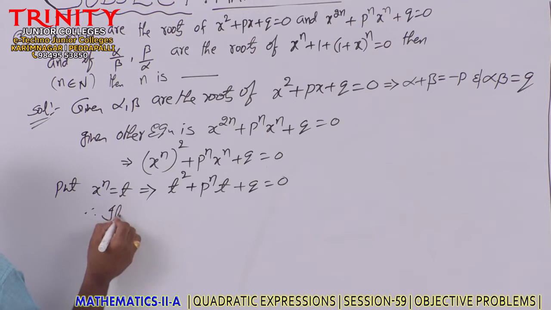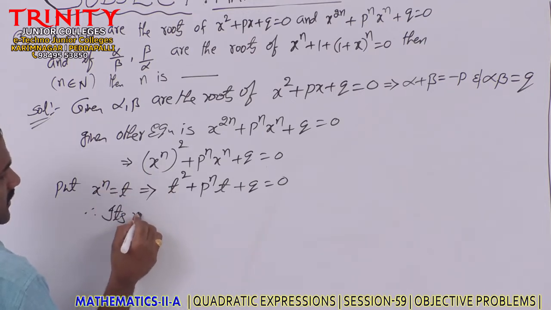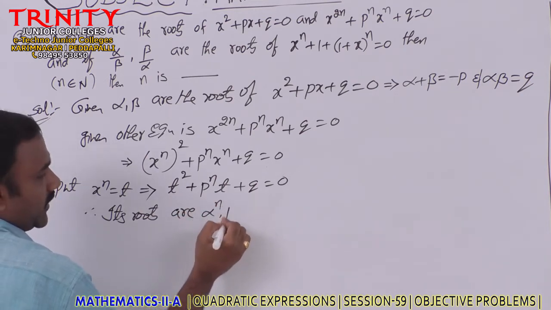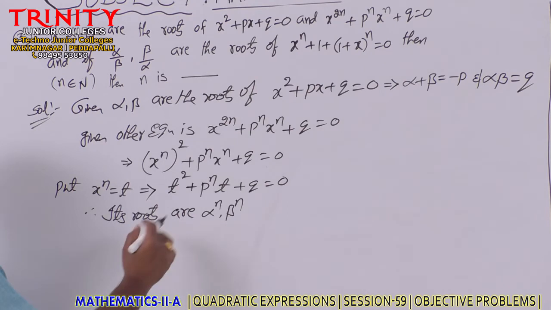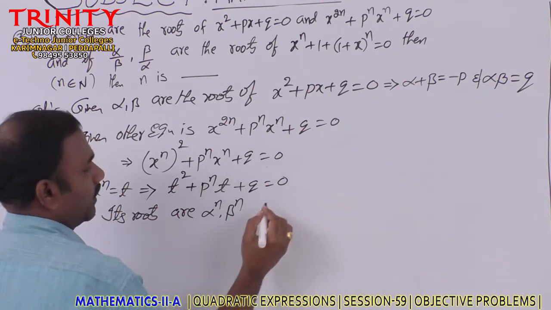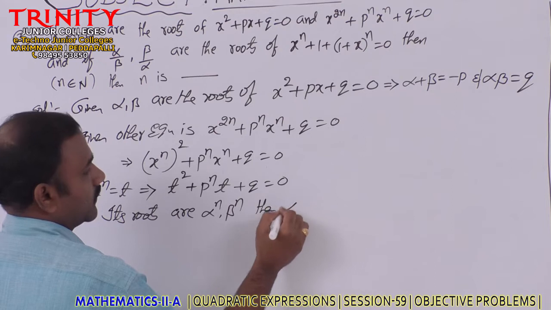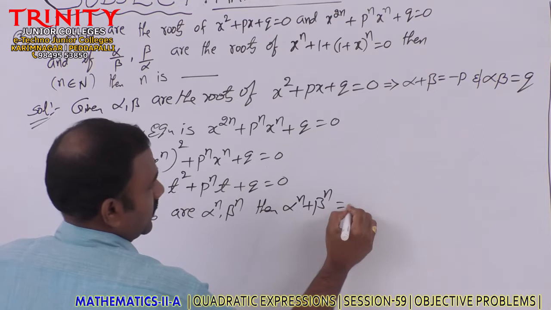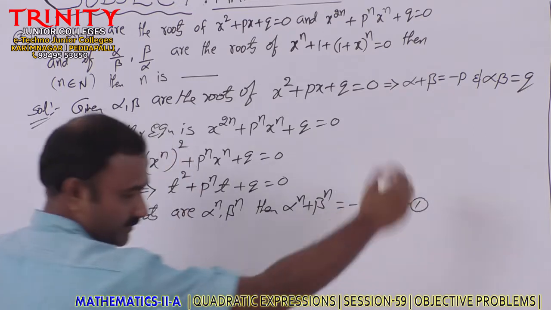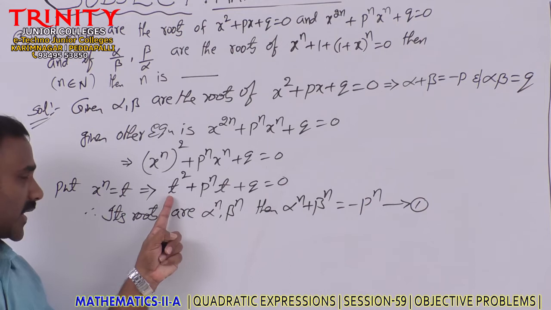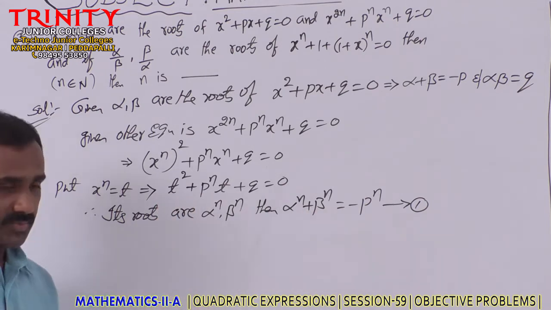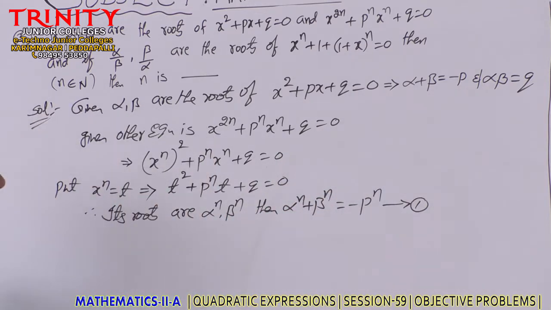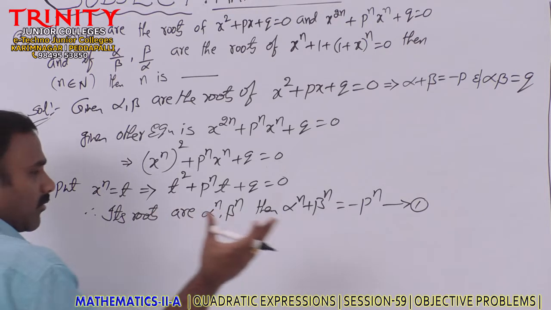Therefore, what are its roots? Its roots are alpha^n, beta^n. Then the sum of the roots, alpha^n + beta^n, is equal to minus b by a, minus p^n by 1, that is minus p^n. And for the product of the roots, alpha^n into beta^n, we get q.